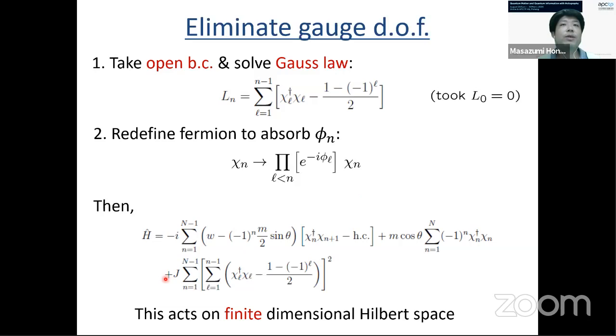Then the lattice Hamiltonian is given by this. It looks a bit complicated, but focusing only on operators, we have only chi. This means that we have a purely fermionic system, and this acts on a finite dimensional Hilbert space. So in this sense, regularization of the Hilbert space is already done.